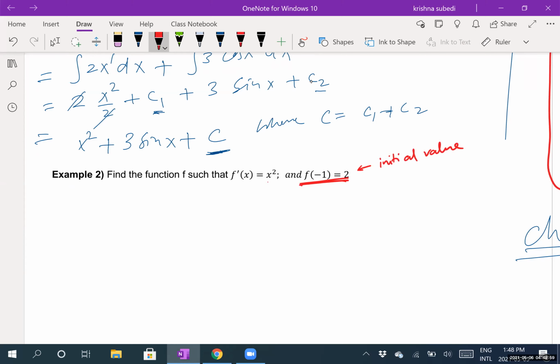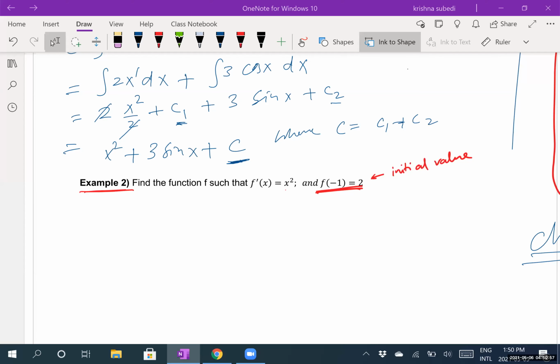So are you ready for example 2? Okay. Now find the function f. The derivative is given and we want to find the original function. So how can we do that?